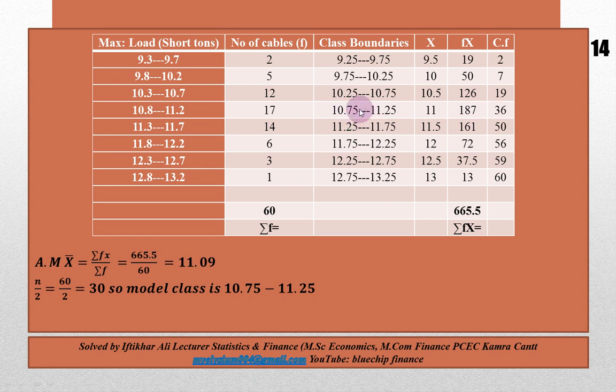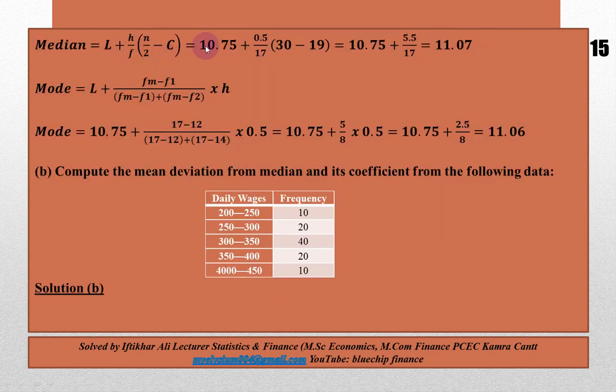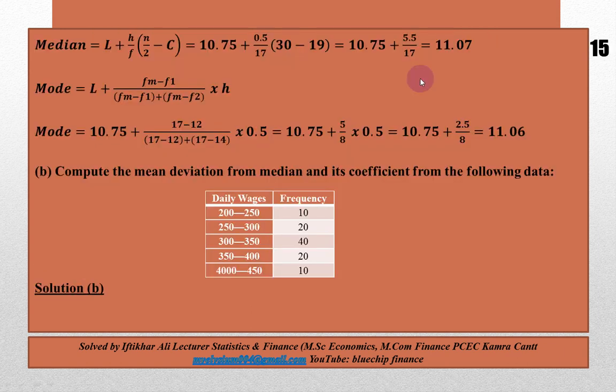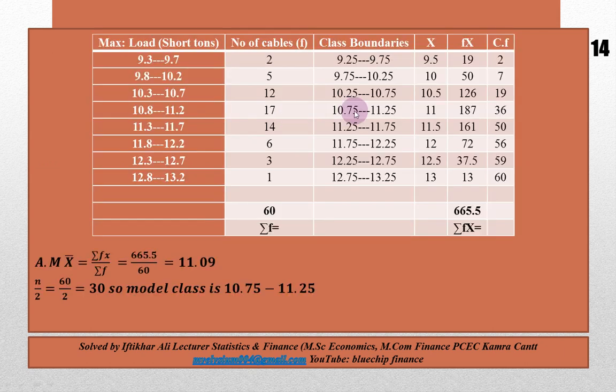L is the lower class boundary, 10.75. Here 10.75 plus h, where h is the difference of x values, so the difference of x values is 0.5. So after putting 0.5 divided by f, in front of 10.75, the frequency is 17.